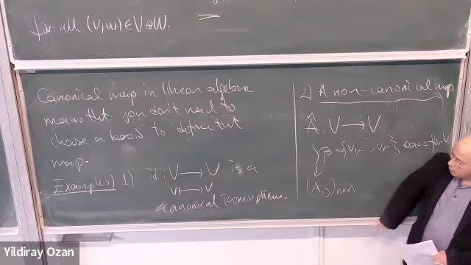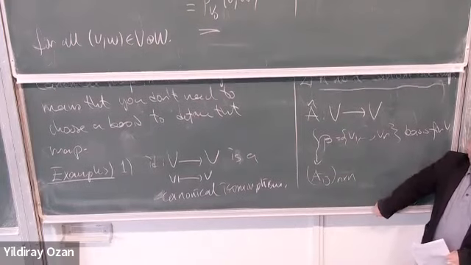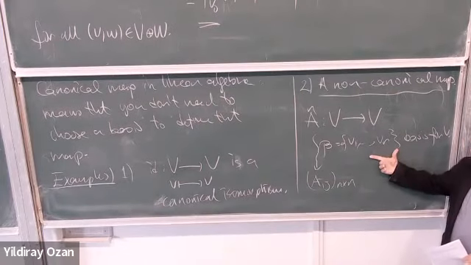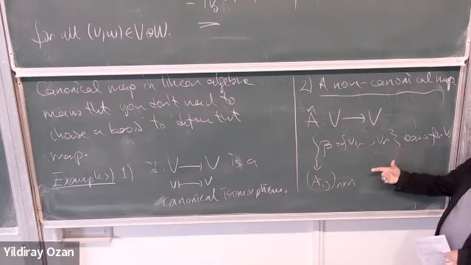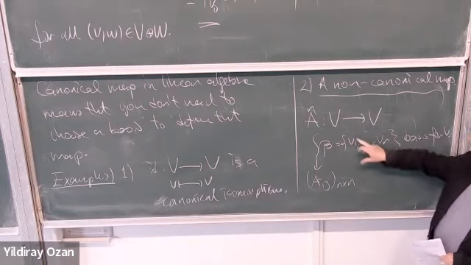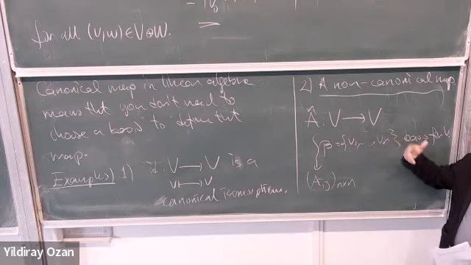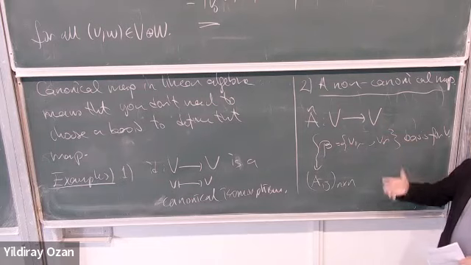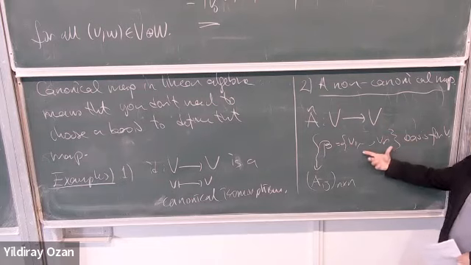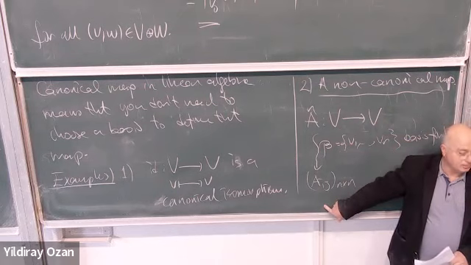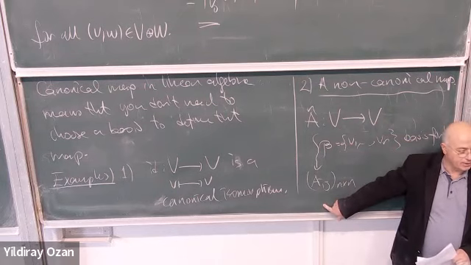You see, to define this matrix, I use this basis heavily, right? I write every vector in this basis and then look at its image, write the image in that basis and so on. If I change this basis, I will obtain another matrix, not the same matrix.